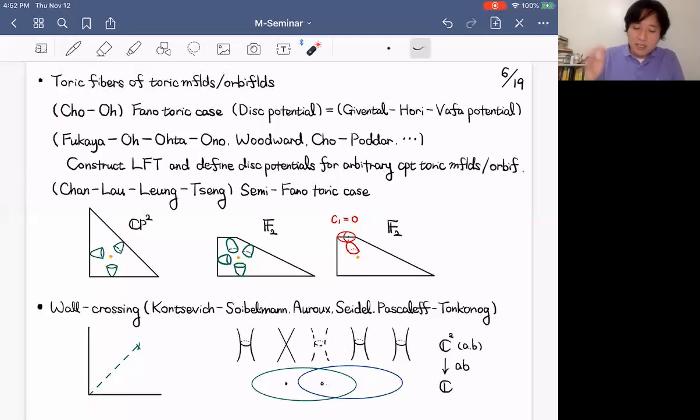What they prove is that as long as we perturb in a T^n-equivariant sense, we have a well-defined disk potential function. And then also Chan, and their key observation is that F2 is not a toric case, it's a semi-Fano case.